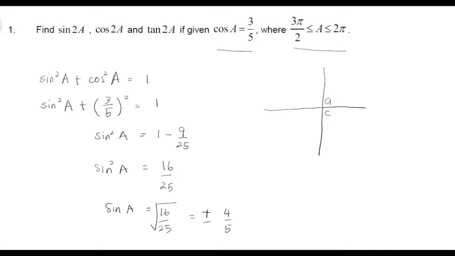Here in the second quadrant, sine values are positive, and in the third quadrant, tangent values are positive. We see that we are at quadrant 4, meaning that cos is positive. So for sine, we will have a negative value. So sine A equals negative 4 over 5.